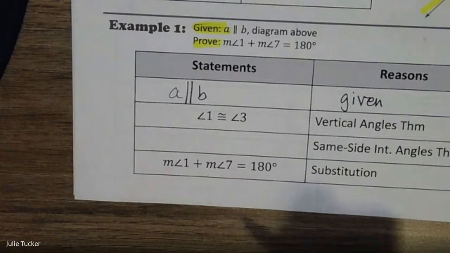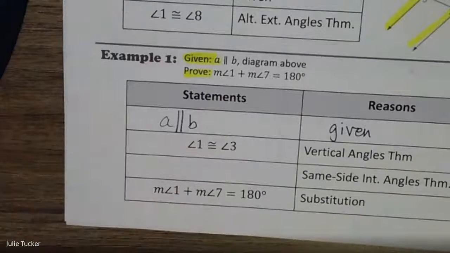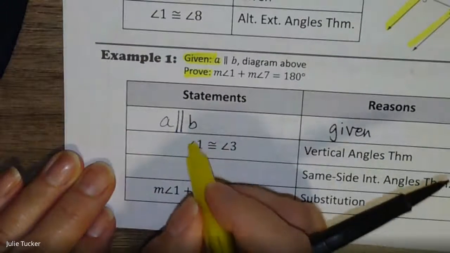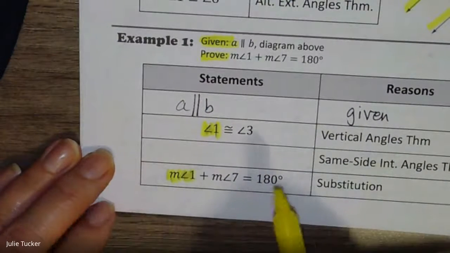So I think you remember that substitution is what you do when you replace something inside of an equation. Yeah, I do. So look at this. See this angle 1 up here, and then there's an angle 1 down here.